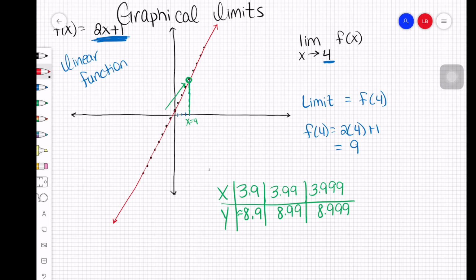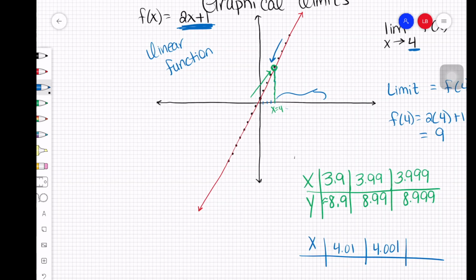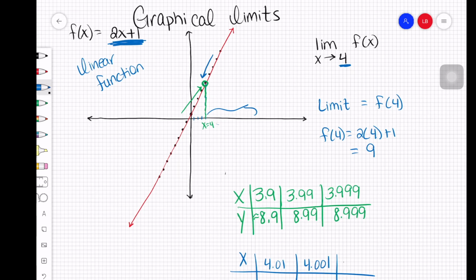So now let's look at it from the right. So looking at my function from the right, numerically, what we would do is we would substitute values in that is near 4, but on the right side of 4, so somewhere over here. So that would be values like 4.01 and 4.001, and you could put in as many as you would want, but I can tell you what would happen.